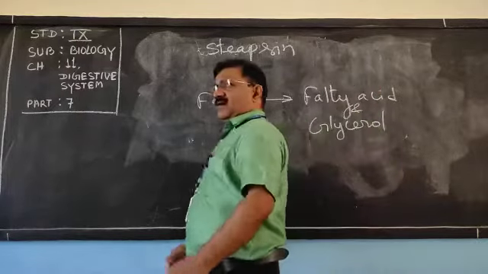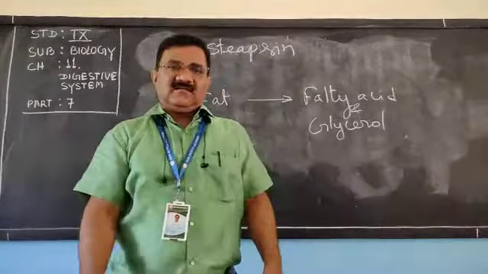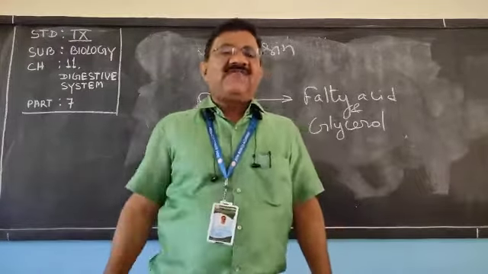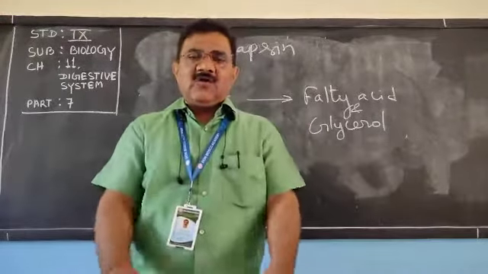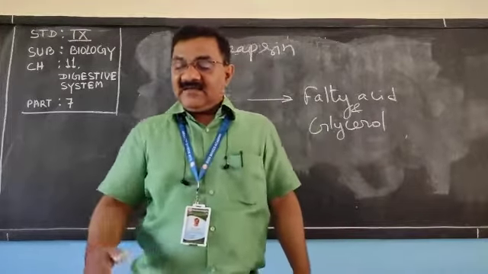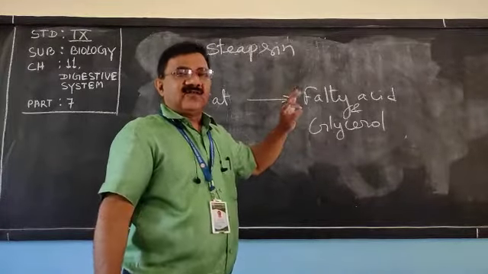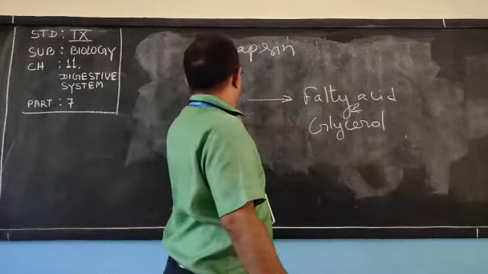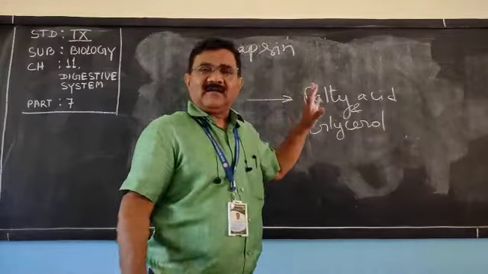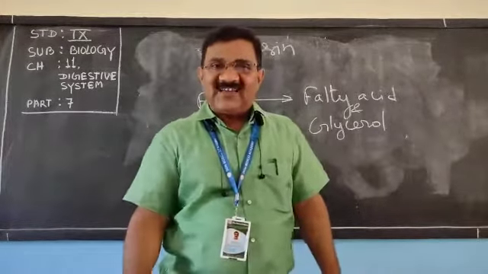Now before this, let me discuss. Our food also contains fat. We eat fat, or our nutrient contains fat, and that fat is converted to fatty acid and glycerol. And what type of fat? We have discussed the emulsification of fat.